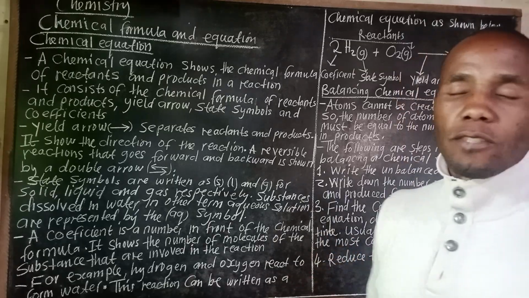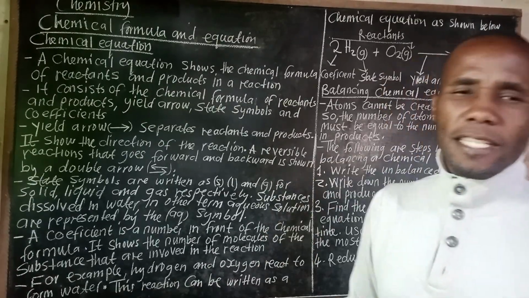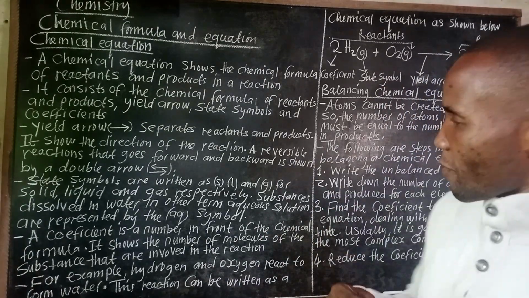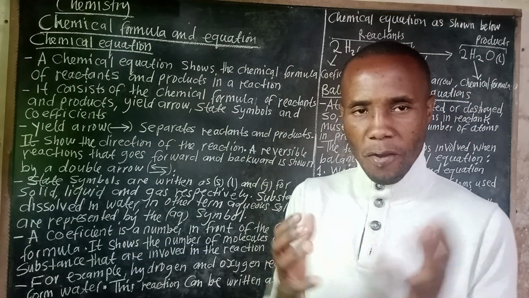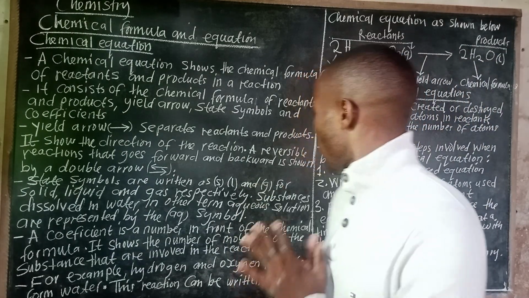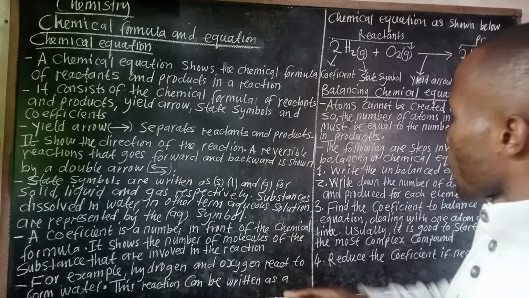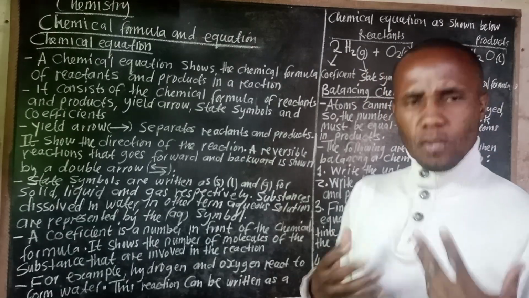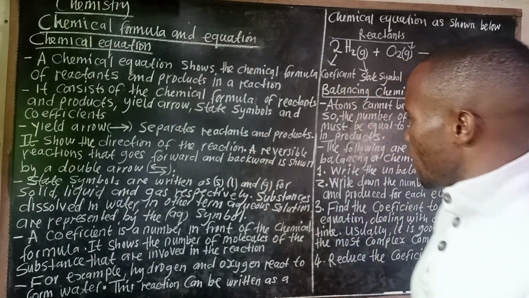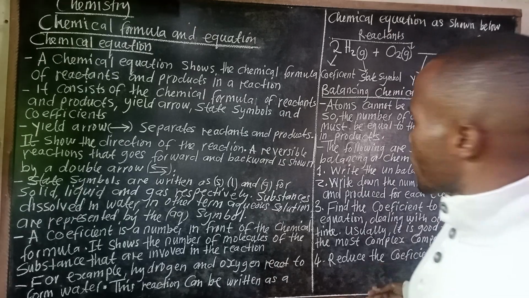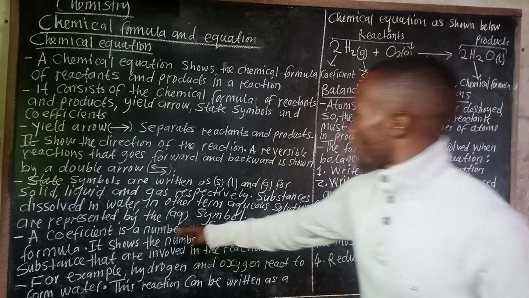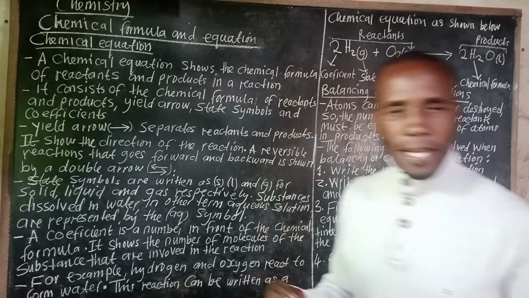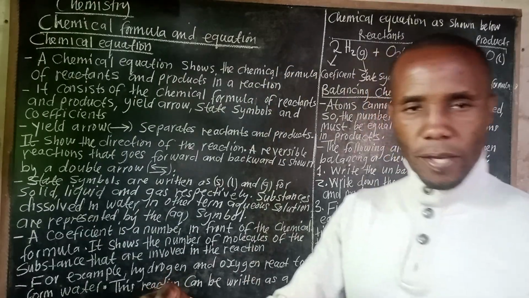Some substances dissolve in water, and when they dissolve, we call that an aqueous solution. Aqueous solution is also one of the state symbols. It is represented by AQ, just AQ.